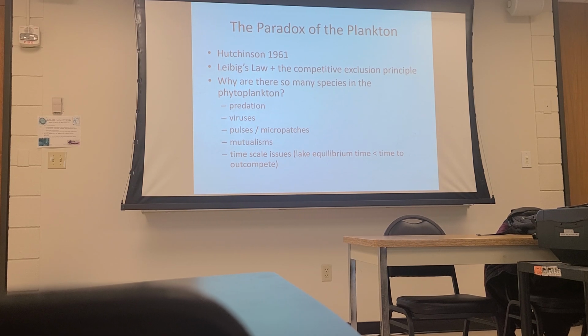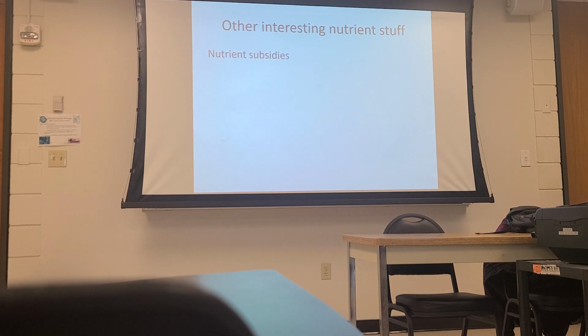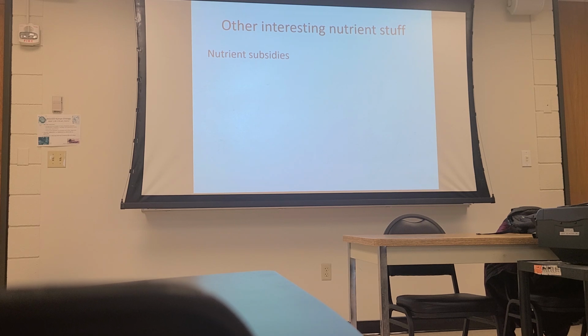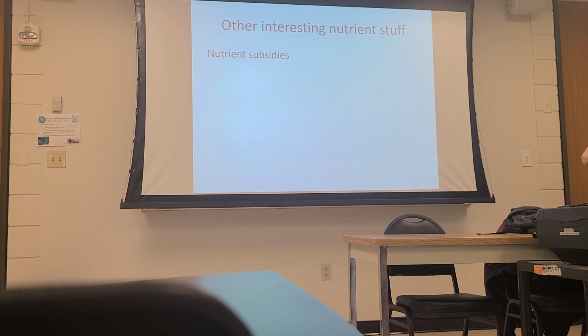More or less? Okay, a few other fun nutrient things that aquatic ecologists like to talk about. One is nutrient subsidies, where nutrients from outside the system get delivered into the system in some way.